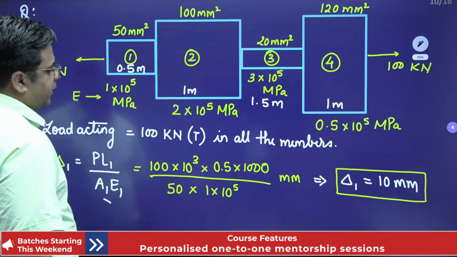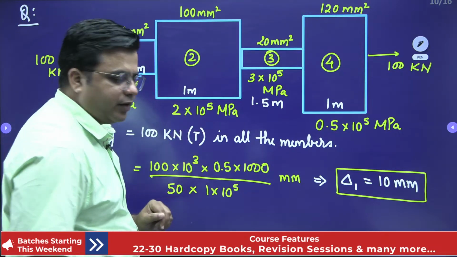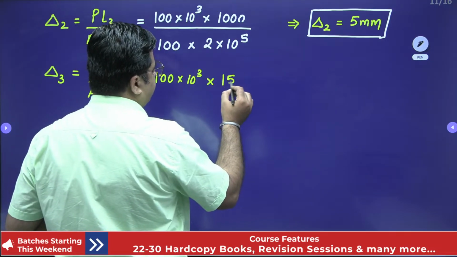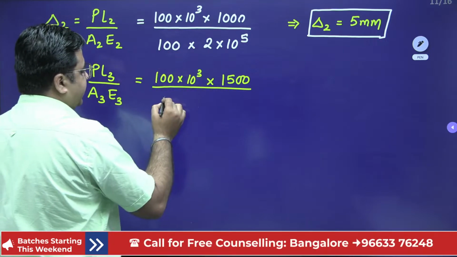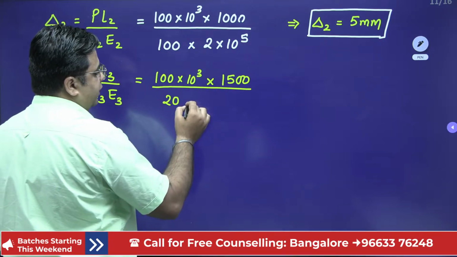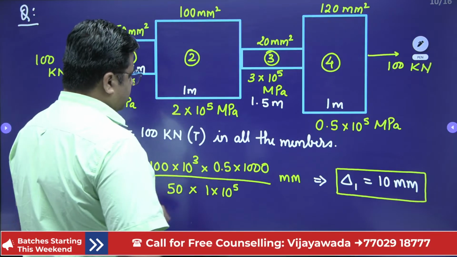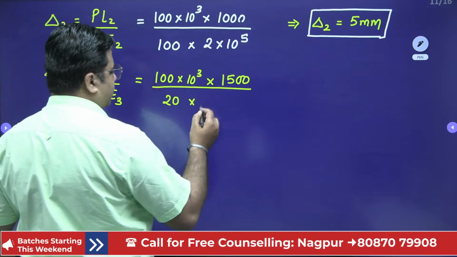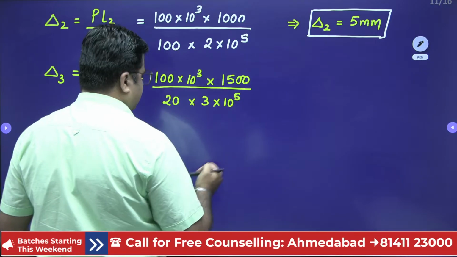Length of this member is 1.5 meter, which corresponds to 1500 mm, divided by area. Area is 20 mm square, multiplied by the value of Young's modulus, which is 3 into 10 raised to power 5, right.